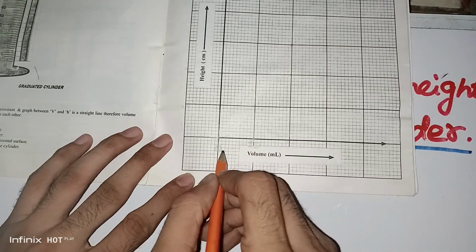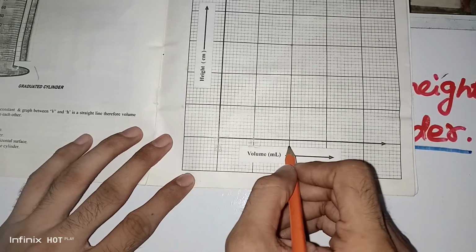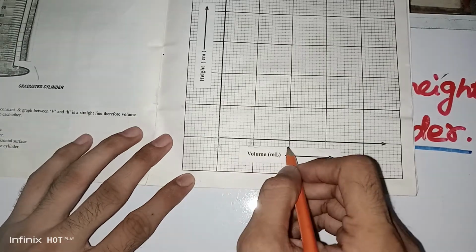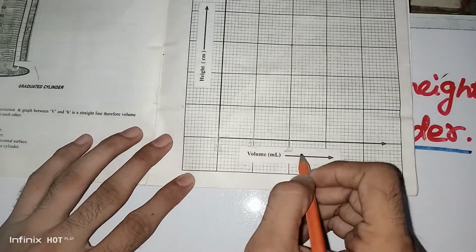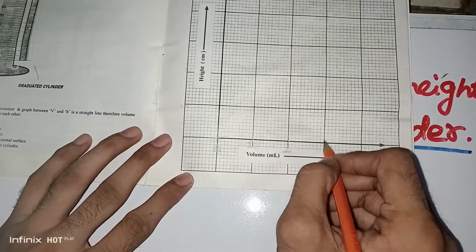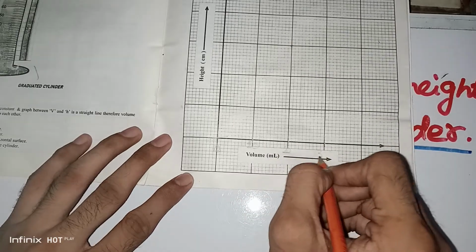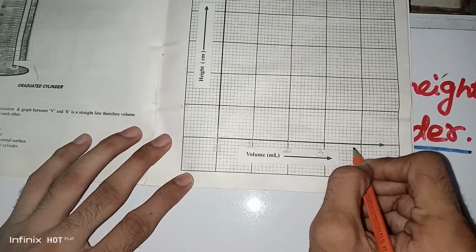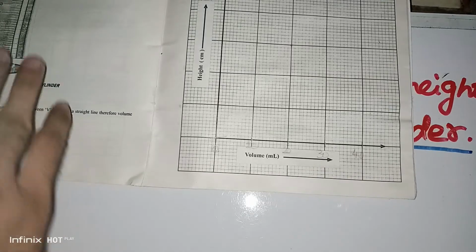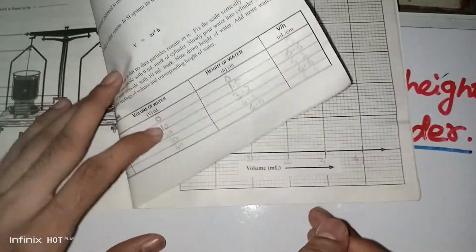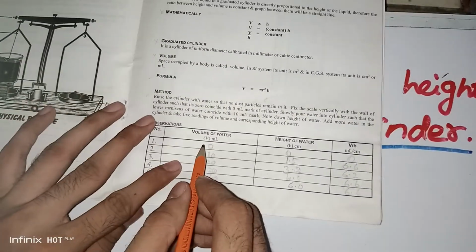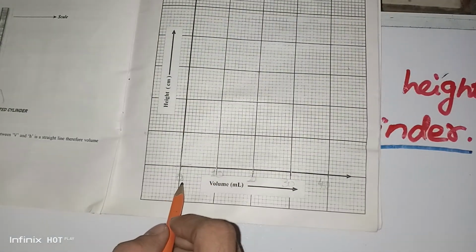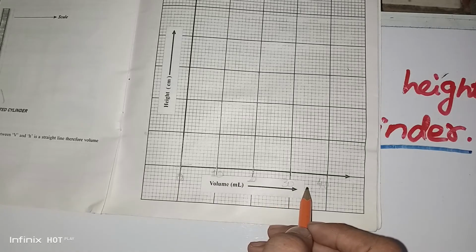Following this sequence, after 10 ml, the next big box is 20 ml, then 30, and the last box is 40. Because our volume starts from 0 ml to 40 ml, we will take it from 0 to 40 ml.